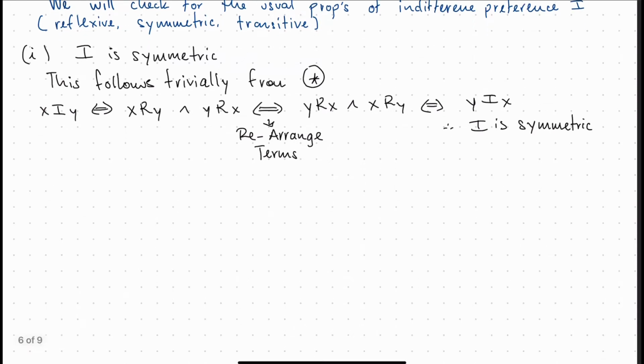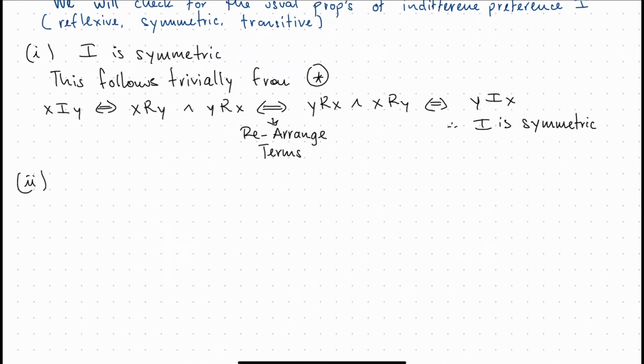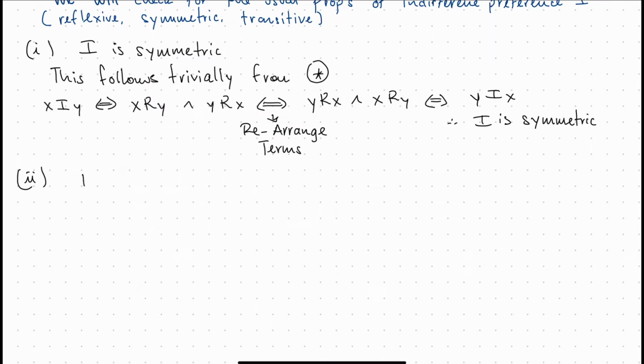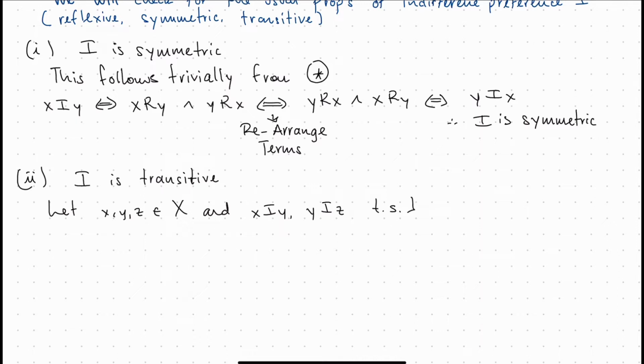Okay, and claim number 2 is pretty straightforward too. I is transitive. What do we need to show this? Let x, y, z be in the alternative set X, with x I y and y I z, and we want to show that x I z.